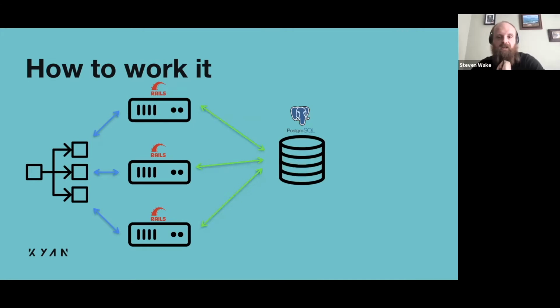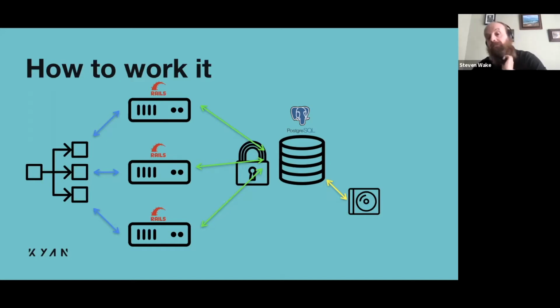You probably want to make sure that your data is safe, so you add a persistent volume to it. You mount a volume to it somehow, and then you want to secure it. You want to encrypt the credentials for the communication between the web servers and the database, basically. So you start mapping these to Kubernetes objects.